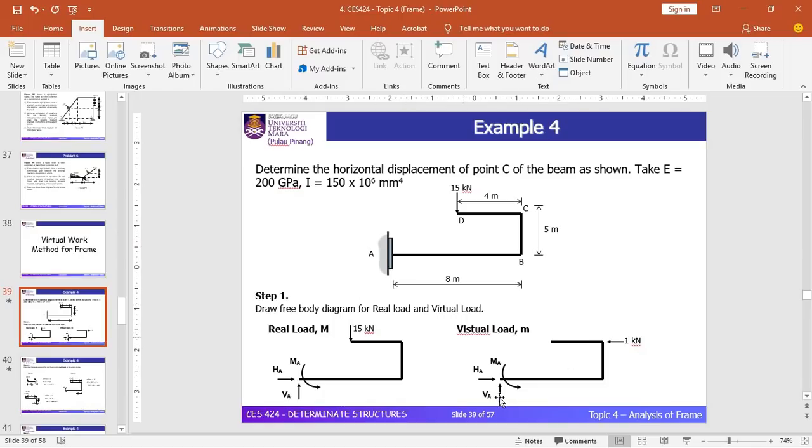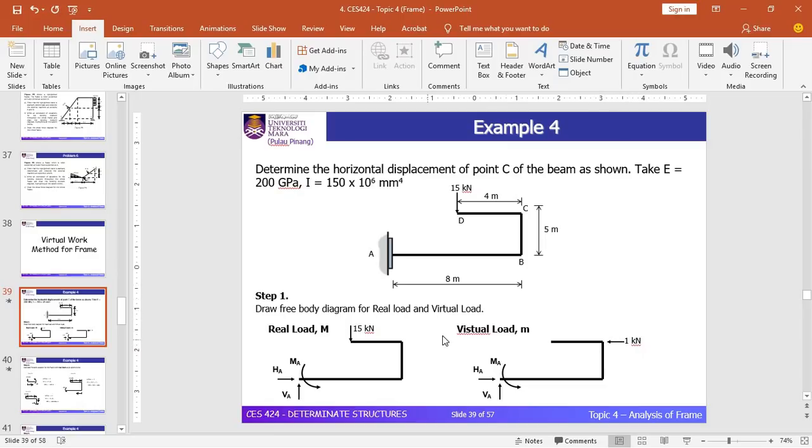Meanwhile, for the virtual diagram, you need to apply 1 unit load, since the question is to determine the horizontal displacement of point C. You can see that here in the solution, 1 unit load is applied at point C to the left. But if you want to apply it to the right, it doesn't matter, it's not an issue.